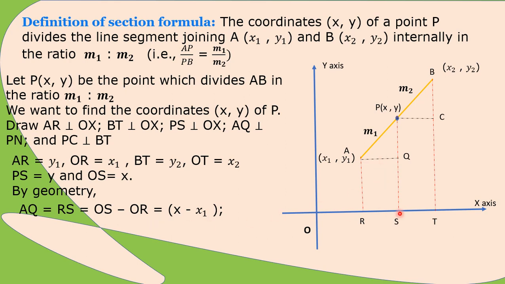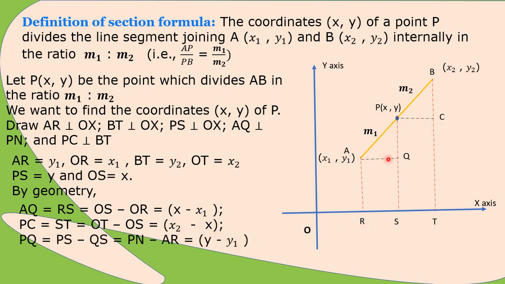So we can write OS, that is X minus OR, that is X1. So X minus X1. And the value of PC is OT minus OS, as PC is equal to ST. So we can say PC is equal to OT minus OS, that is X2 minus X1.